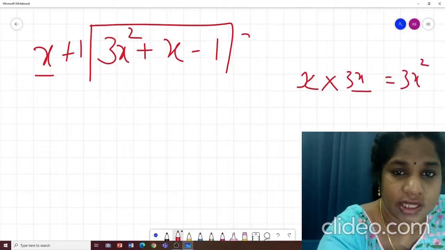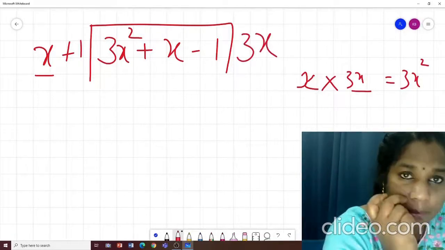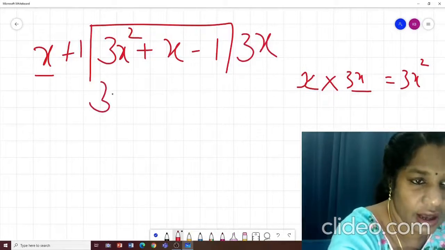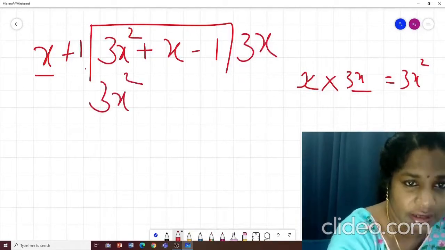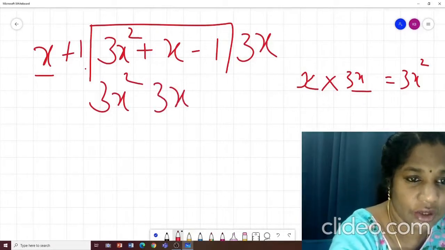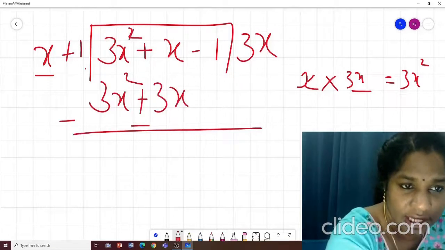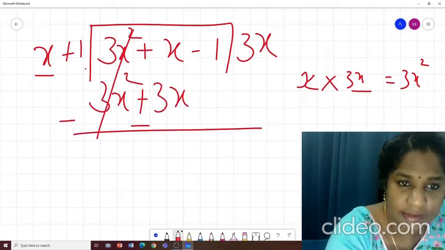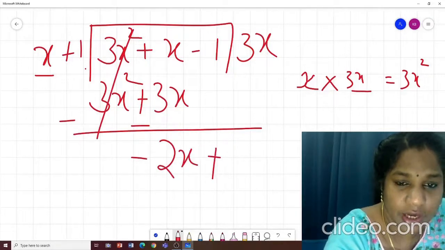So, I will say 3x here. X into 3x is how much? 3x square. Perfect. 1 into 3x is how much? 3x. Very good. I will change the sign. 0, minus and plus. I will get minus 2x plus 1.